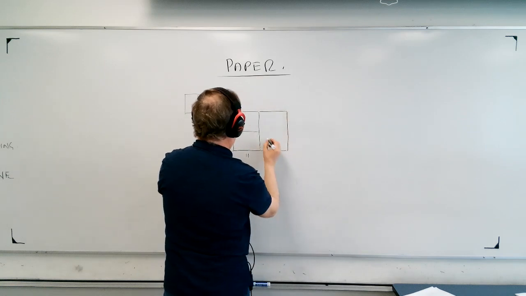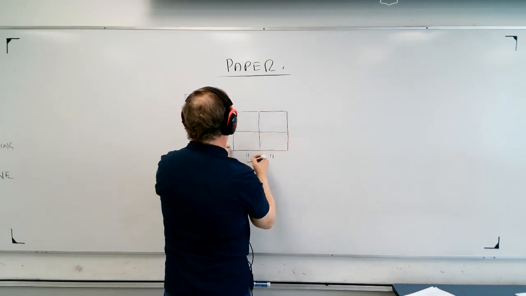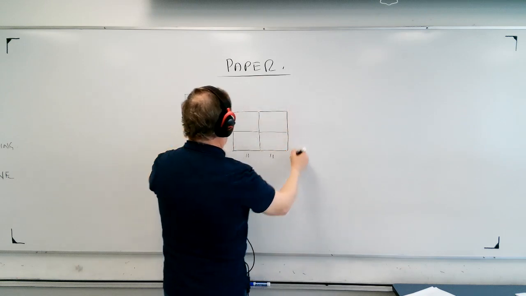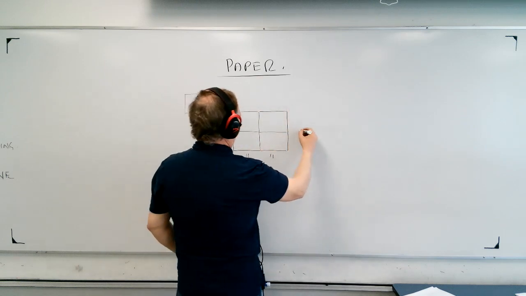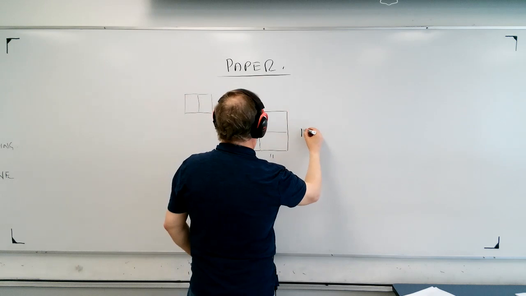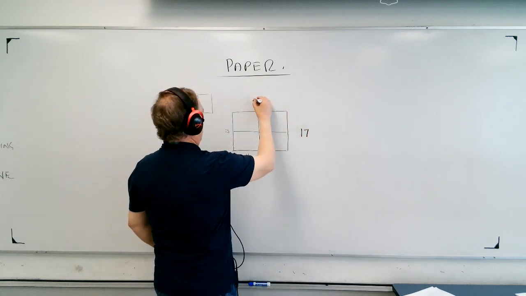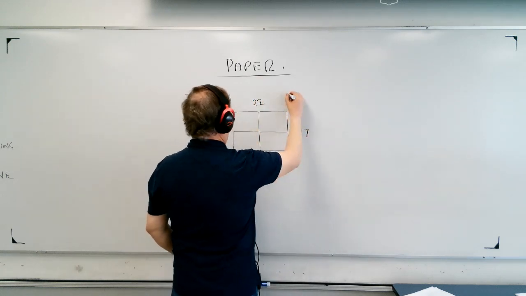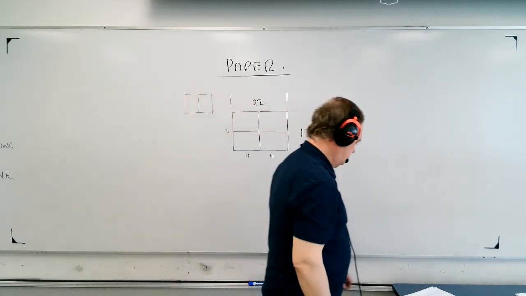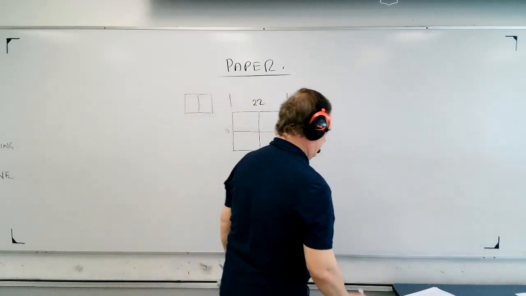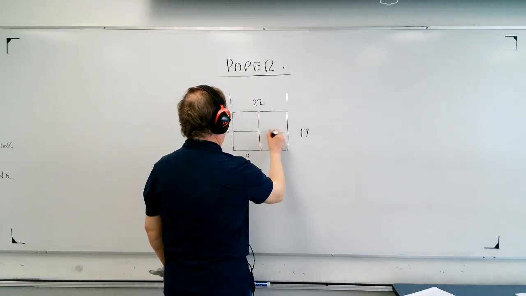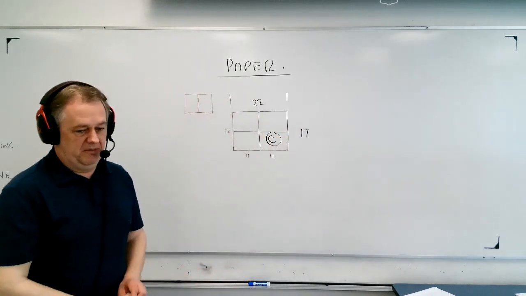So there's another 11, and this is still 17. Now overall you've got 17 by 22. And 17 by 22 is size C. That's size C print paper.